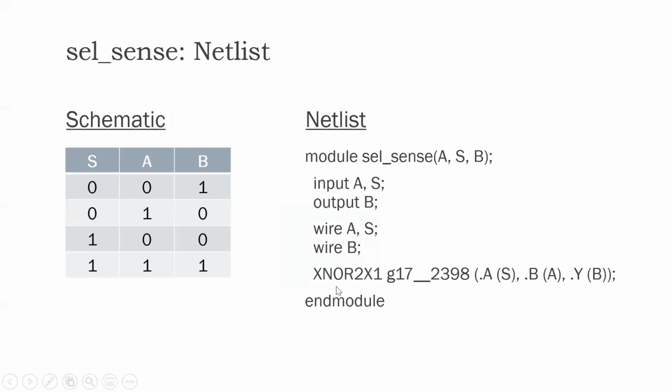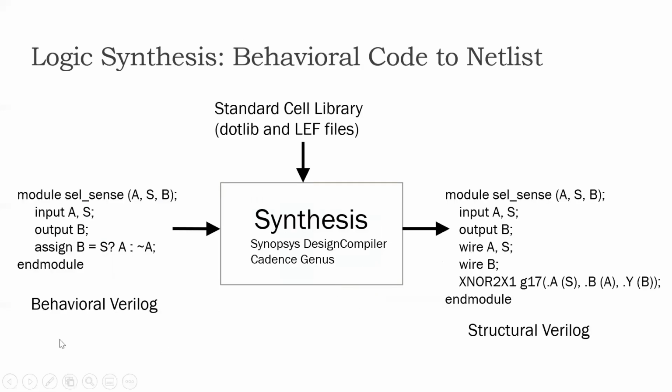So you would feed it the behavioral code on the left, give it the standard cell library as .lib and LEF models, and the output would be a gate level netlist or a structural Verilog code that looks like this.